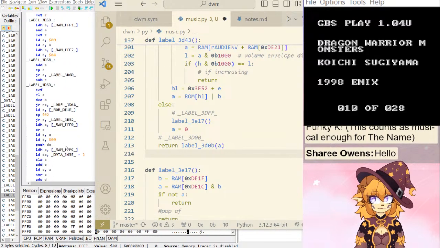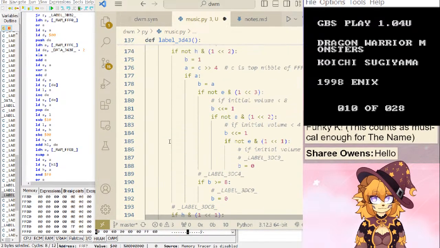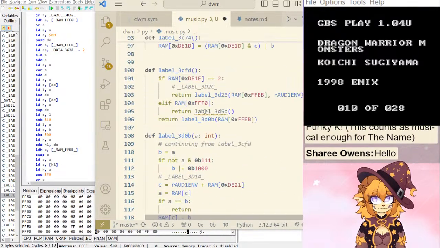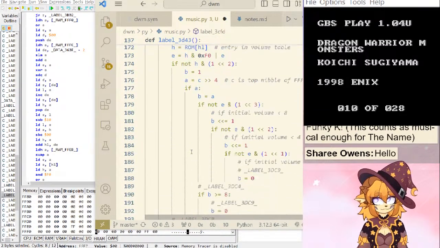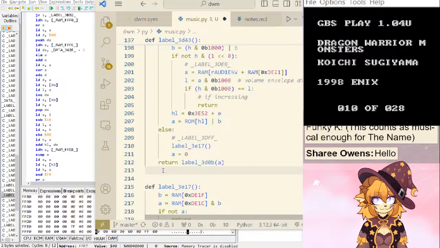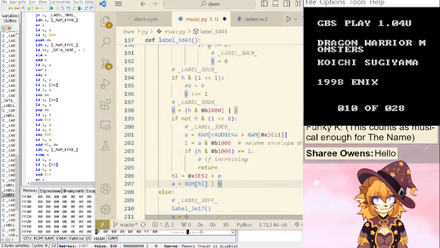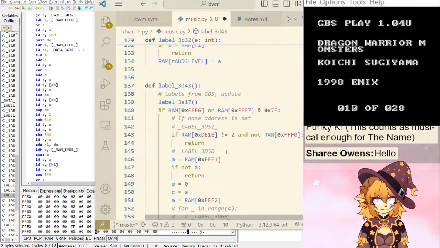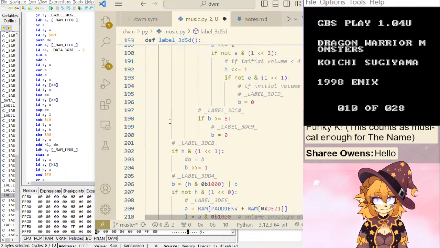So I think if we want to do 3D5D, all we have to do is cut out all of this. Put it in here.